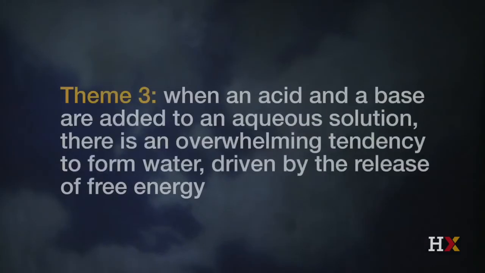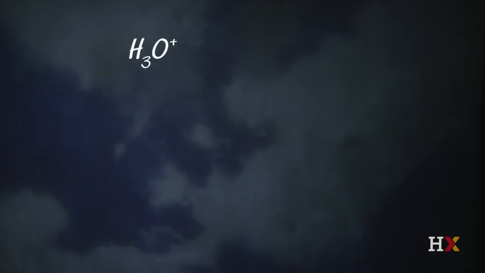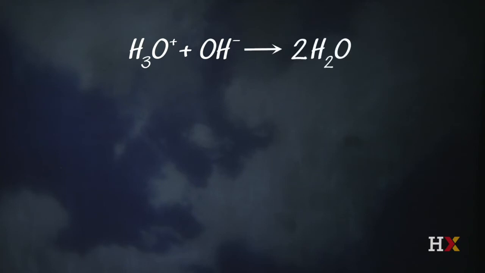The third thing is that when an acid and a base are added to aqueous solution, there's this overwhelming tendency to form water. And this is identical to what we mentioned before in the release of free energy, because when I write that reaction of H3O+ and OH- forming two water molecules, it's important to realize that the equilibrium constant for this reaction is exactly the inverse of the equilibrium constant for the dissociation of water.